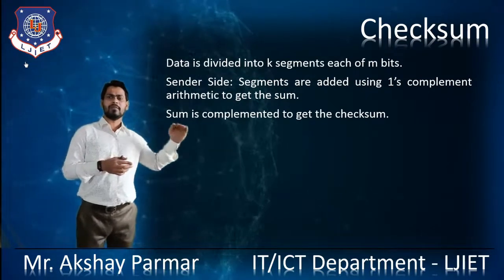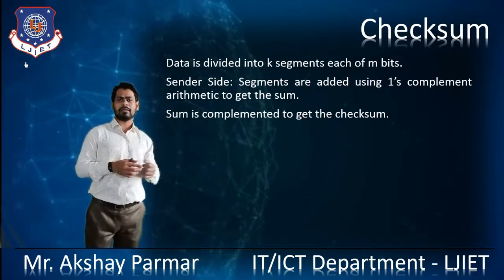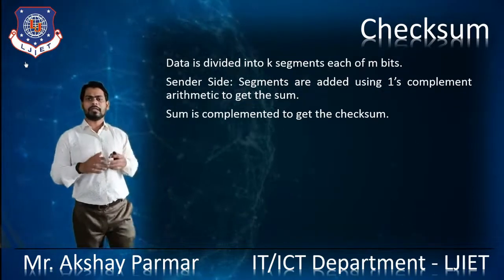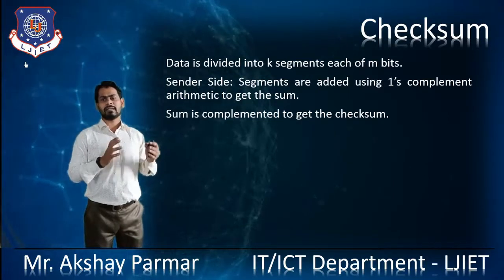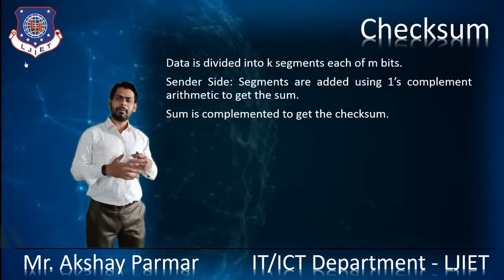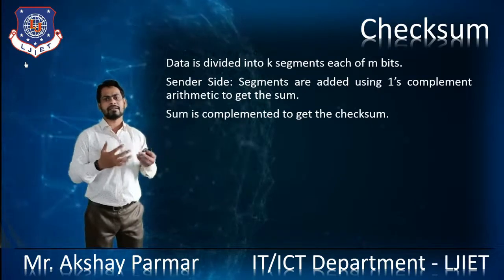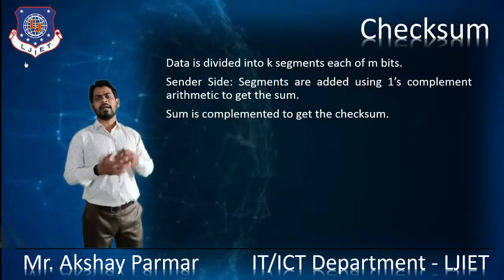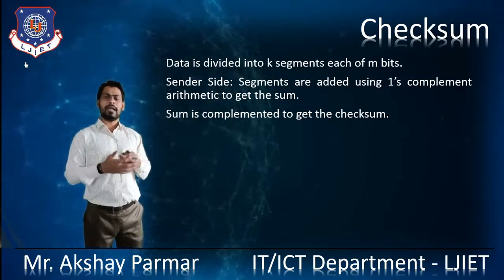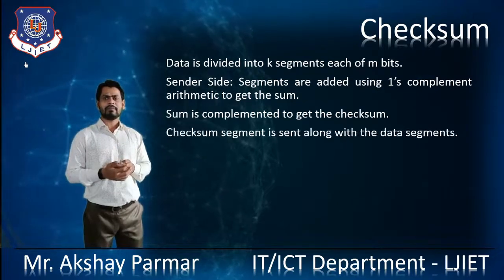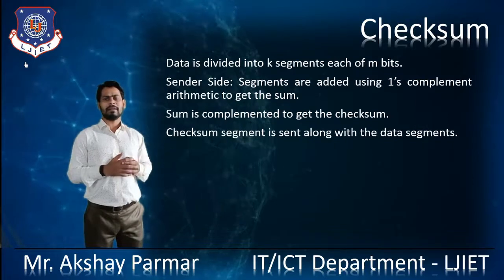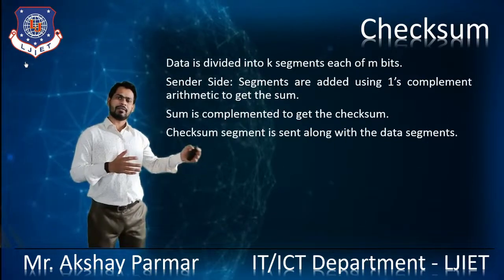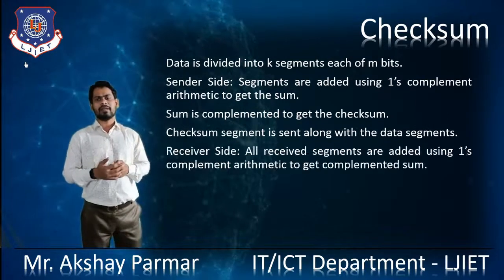So by adding the whole data segments using ones complement we get the sum, and by complementing that sum we get the checksum. That's how we get a checksum at the sender side. The checksum segment is sent along with the data segments.